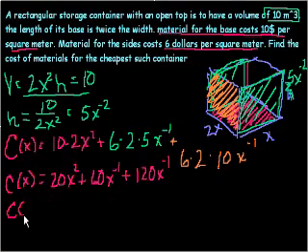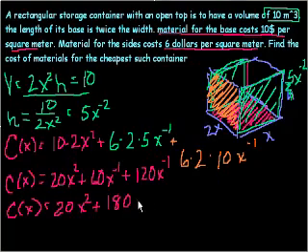And so we can further simplify that as 20x squared plus 180 x to the minus 1 power. And now we're ready to just take the derivative and find out what the minimum point is of this curve.